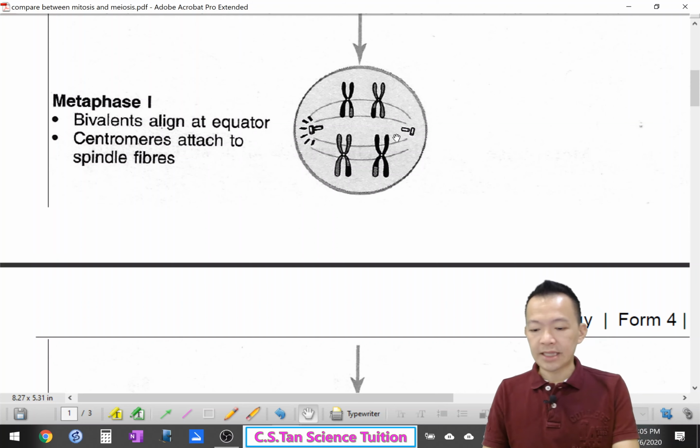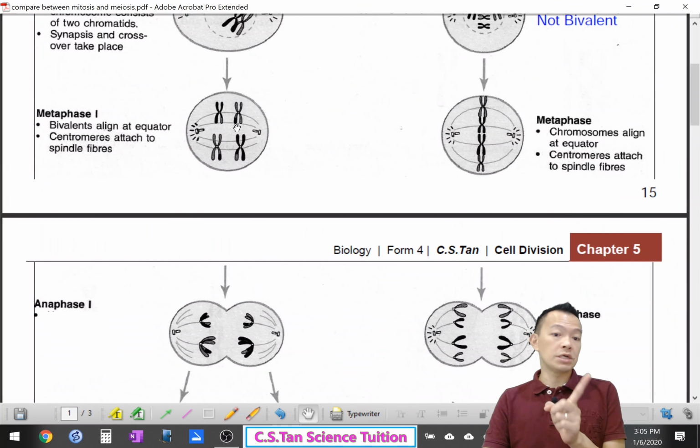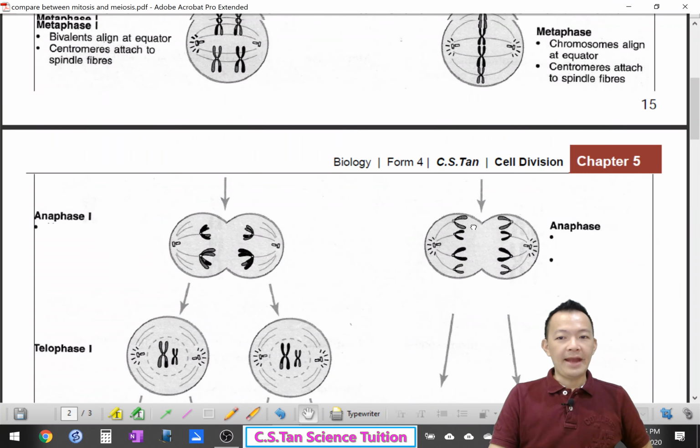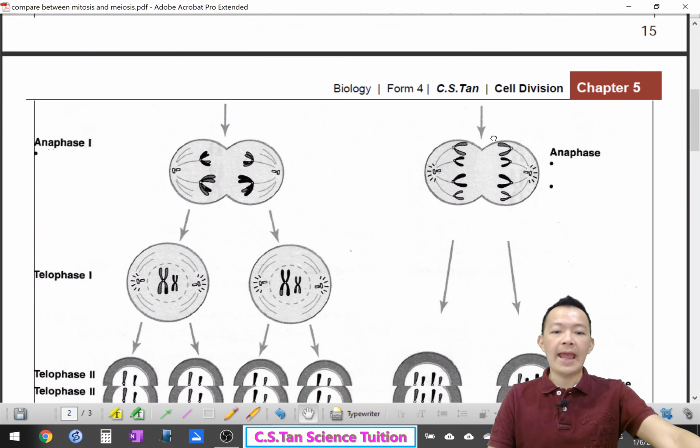The centromere is still attached to the spindle fiber. So here there are two, here there is one.